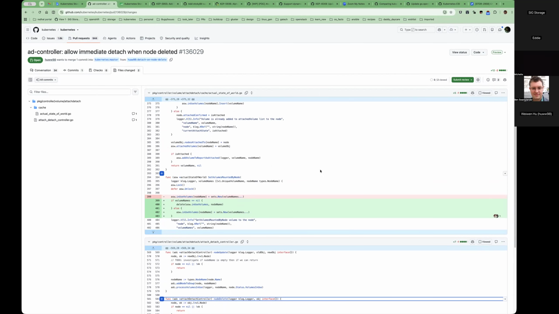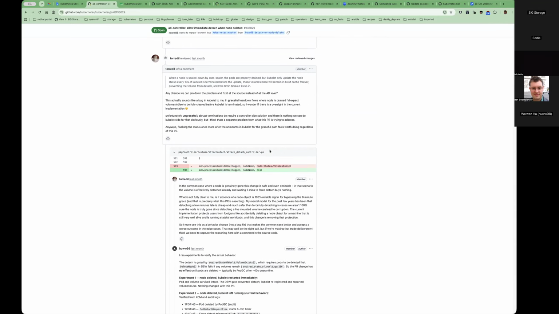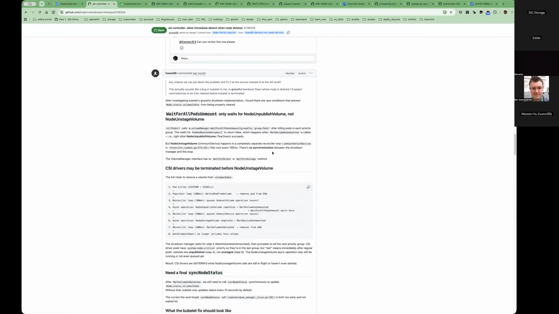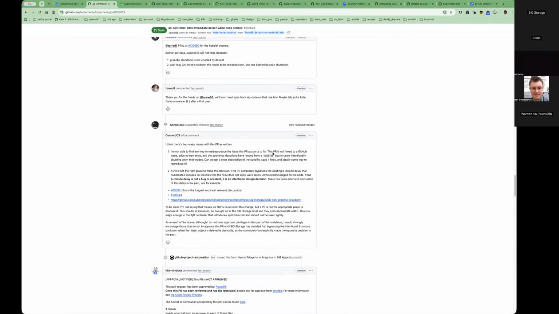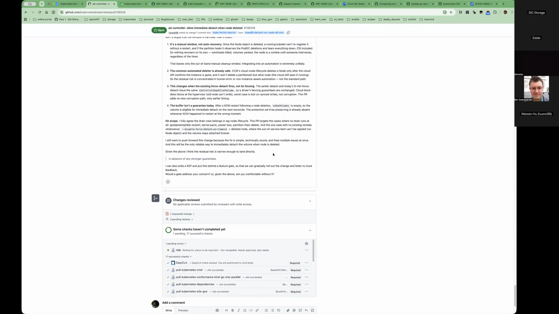I don't know. I was talking to Jan on this, he's not here today, but we are kind of hesitant on changing something that has existed, a behavior that somebody might rely on. When the node is still running and an admin deletes it, and it is running pods, we will basically yank the volumes with this change, and it could result in data corruption.